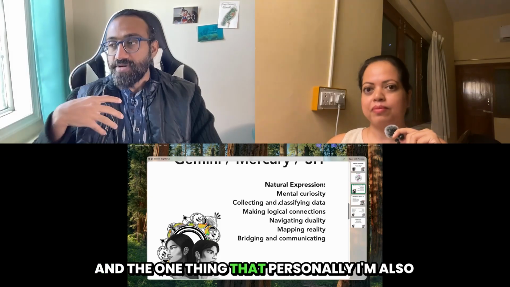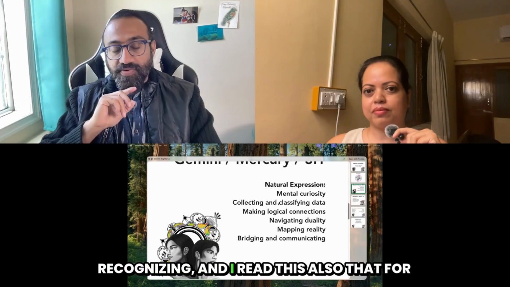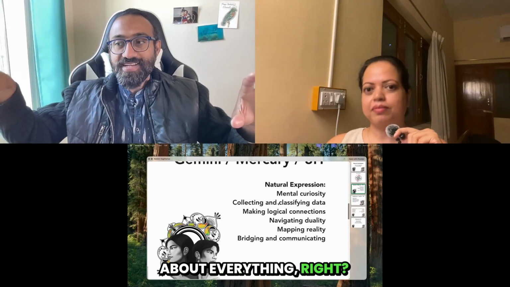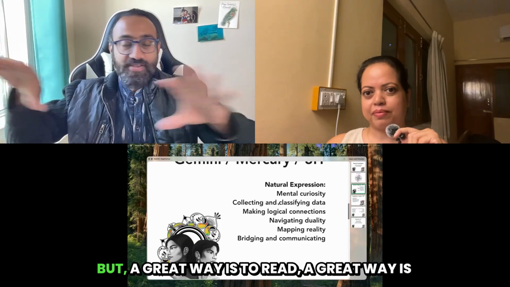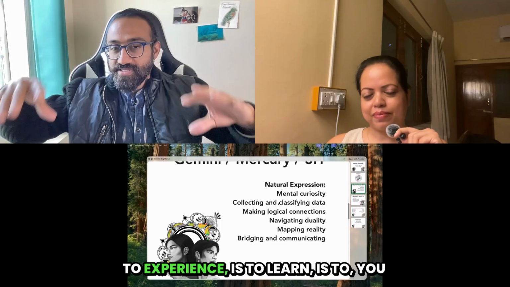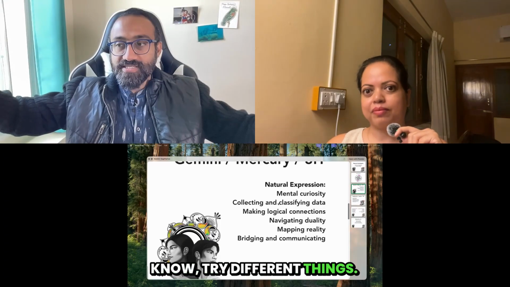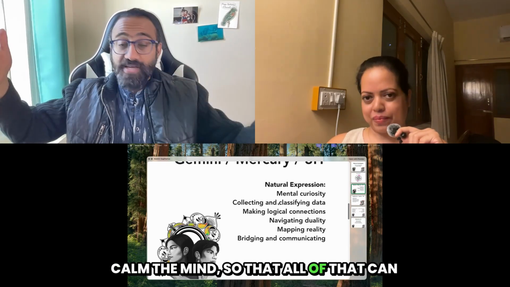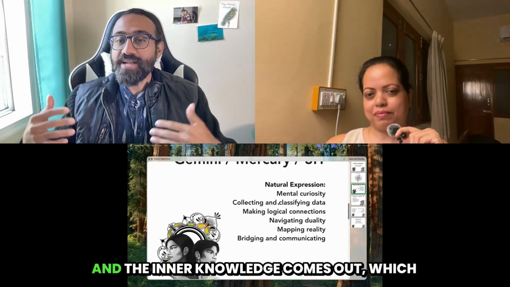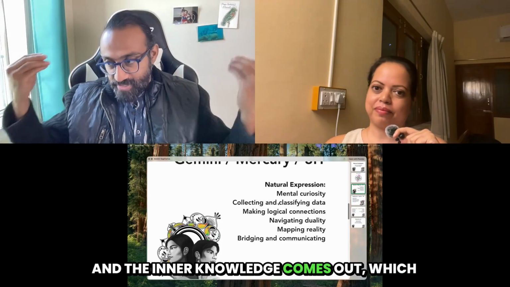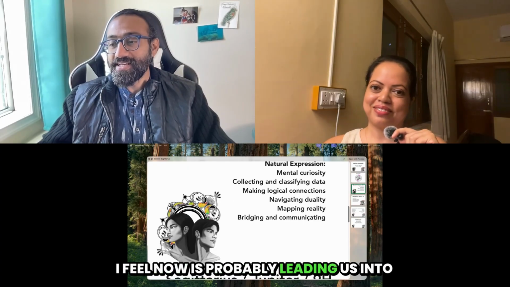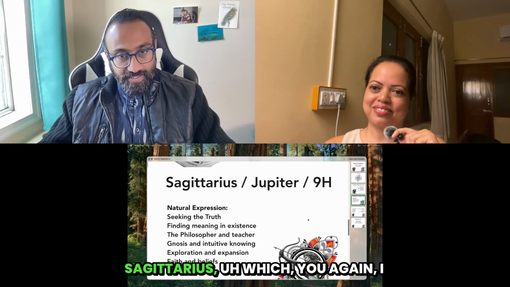And the one thing that personally I've also recognized, and I read this also, is that Gemini is trying to learn about everything, right? A great way is to read, to experience, to learn, to try different things. Another great way is to actually rest and calm the mind, so that all of that can get absorbed, and the inner knowledge comes out, which I feel is probably leading us into Sagittarius.